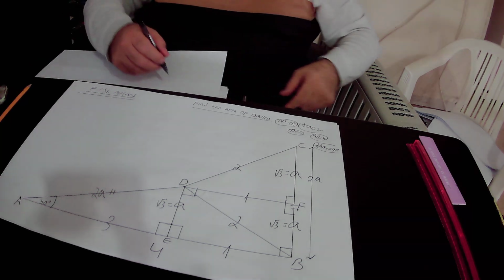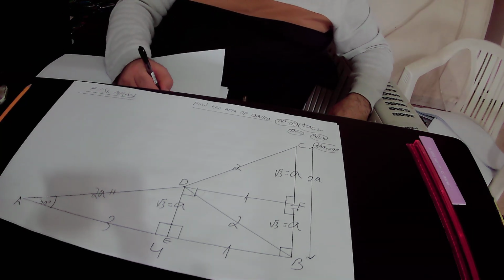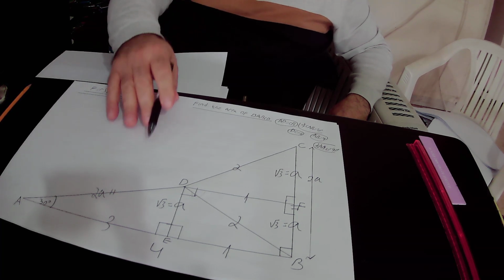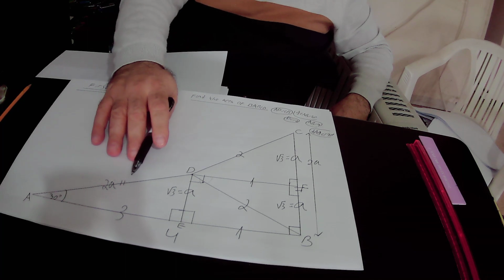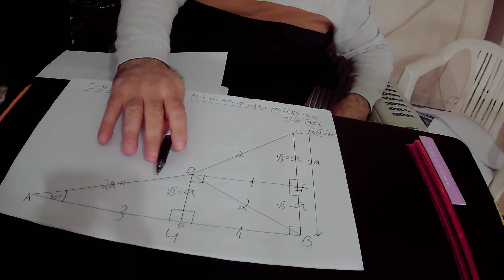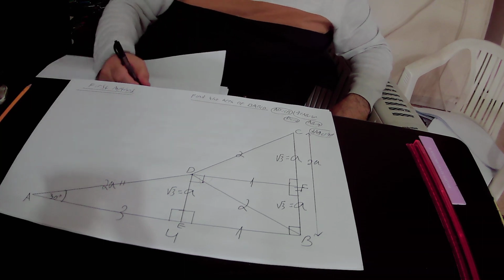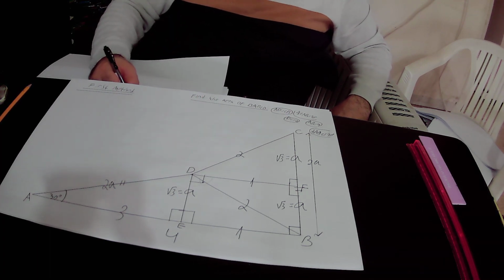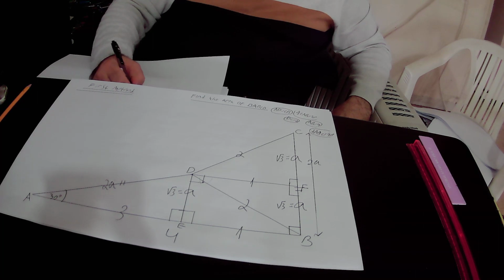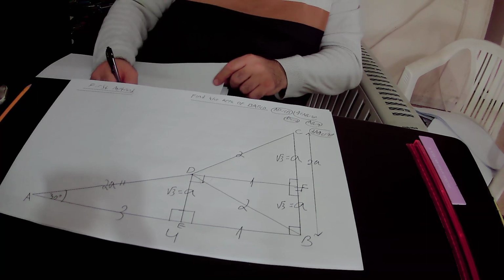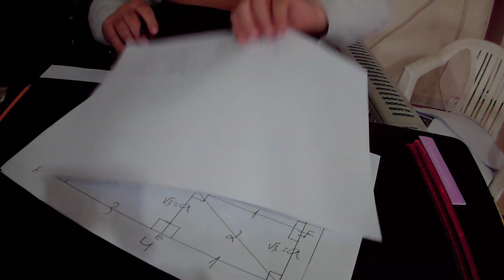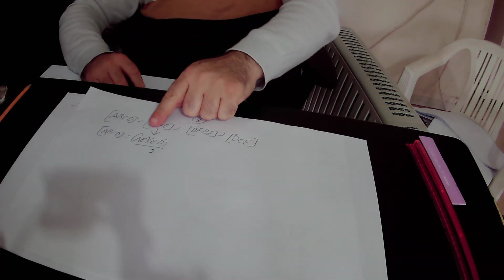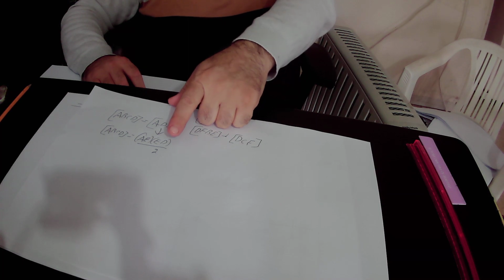The area of triangle ADE equals the base of the triangle, that is AE, times the height to the base, that is ED, over 2.